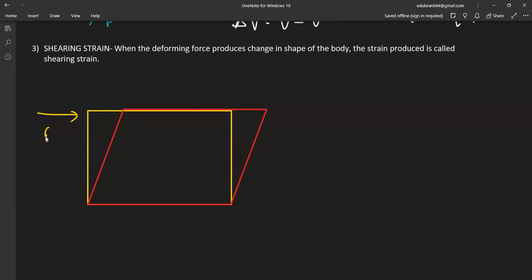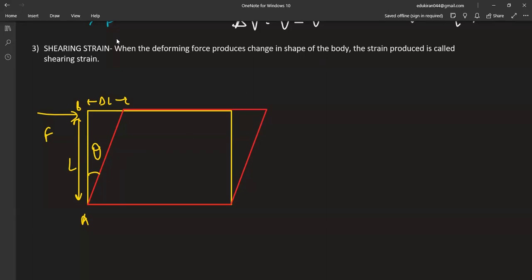So see, when the deforming force will be acting over here, this is the length. Here is the change in length that is being produced because of the shift of the surface, right? And this is theta. I have named this triangle ABC. This is the shift that has occurred.